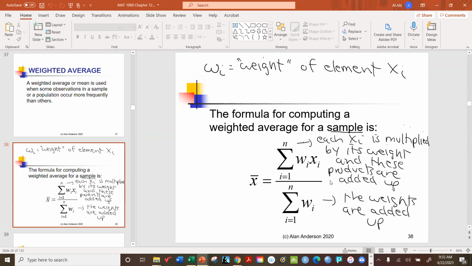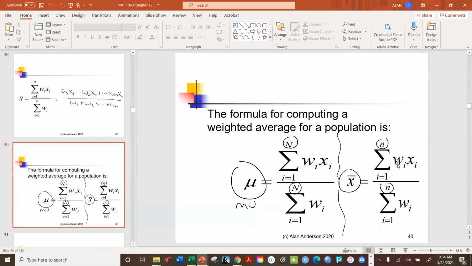So we can apply this to cases where there are many repeated elements in the sample, or where not each element has the same value, as with a GPA, where the GPA you get for the entire semester depends not only on the grades you got in each class, but also on the number of credits that each class was worth.